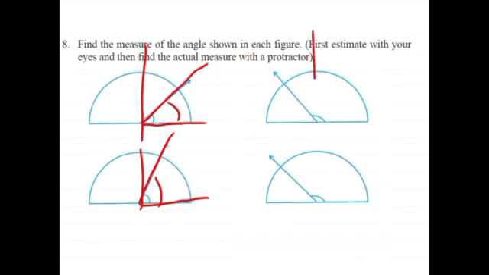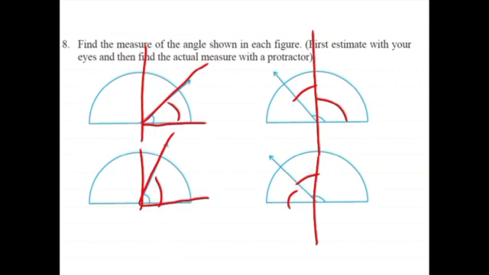See, now I split the semicircle into two equal parts. Now this angle is 90 degrees. Now we have to measure by viewing this angle. This angle may be 30, 40 or 45, right? See, this is equally distributed.